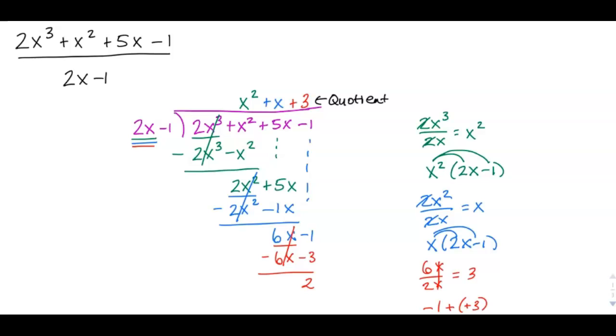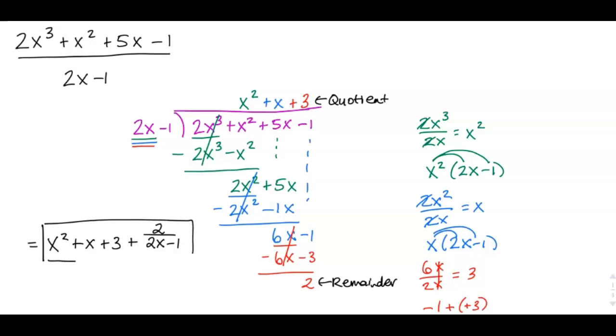The part that came out down here at the bottom is called the remainder. So if we were to write our answer, we can write it as the quotient x squared plus x plus 3 plus the remainder 2 over 2x minus 1. So that's how we could divide those polynomials using long division.